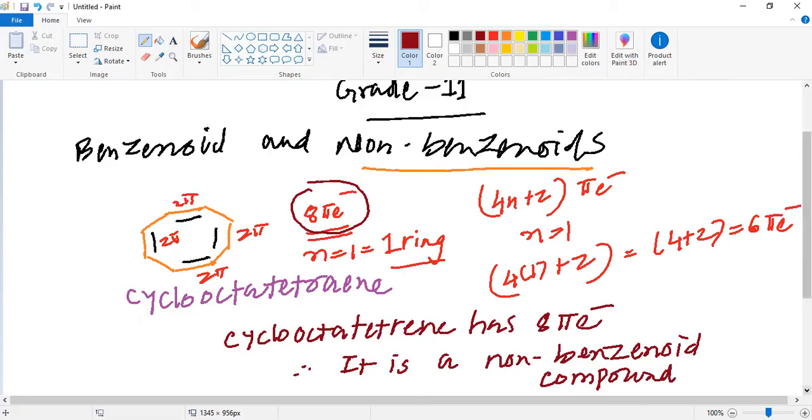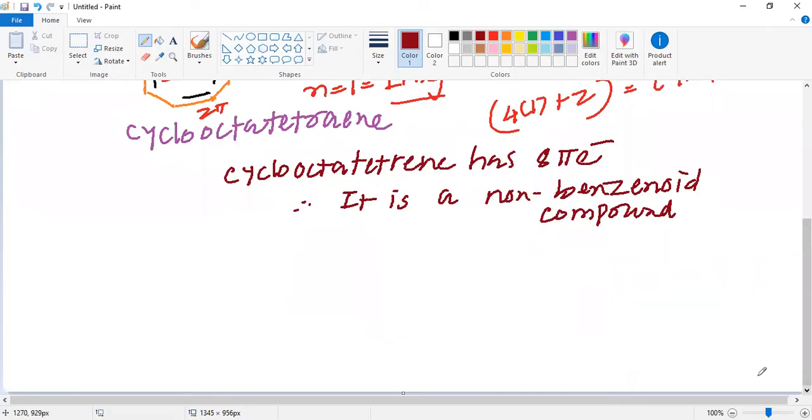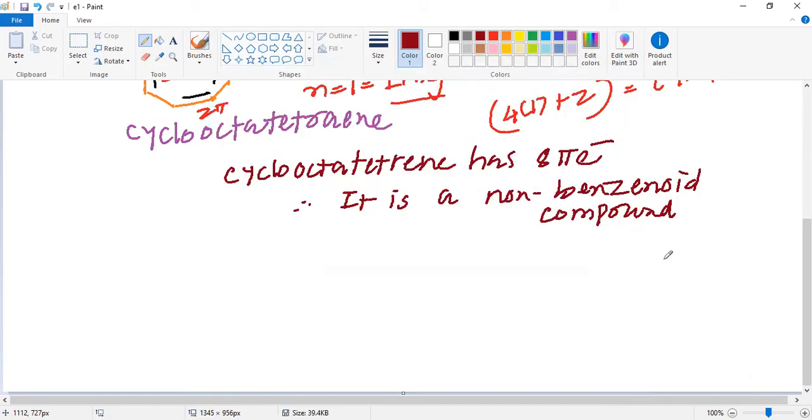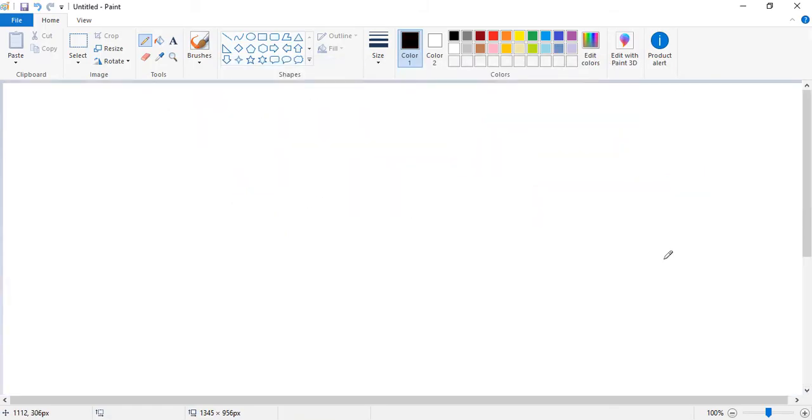So this is how, my dear students, we complete here the discussion about the benzenoid as well as the non-benzenoid compounds. Now let us study a new topic. Our new topic of discussion is the nomenclature of the organic compound.